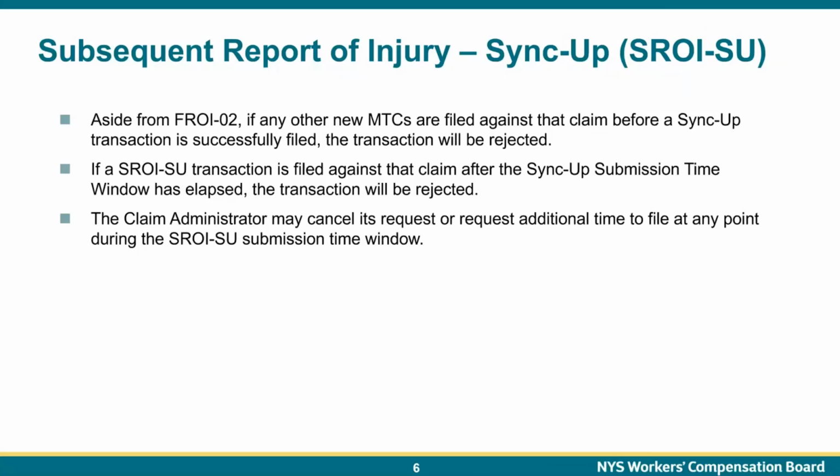If you need more time, you would again send an email to eClaims@wcb.ny.gov with a brief explanation why you need that additional time. And if approved, you'll receive confirmation back from us letting you know what that new window will look like for your extension time, whether it's 5 or 10 days, depending on the request from you on how long you need.